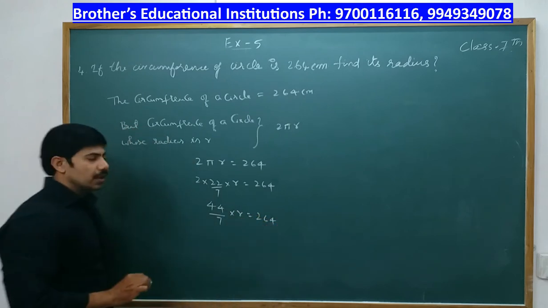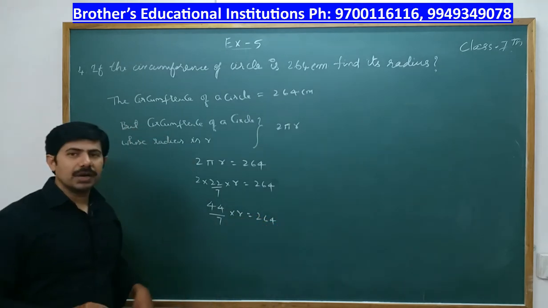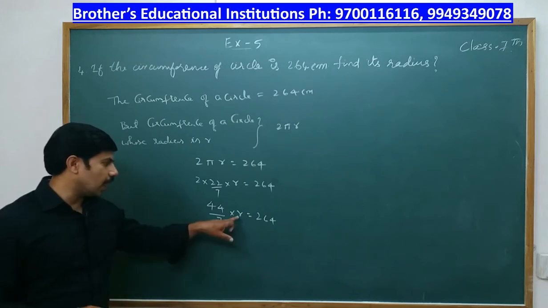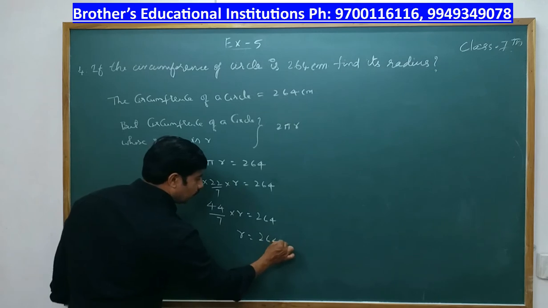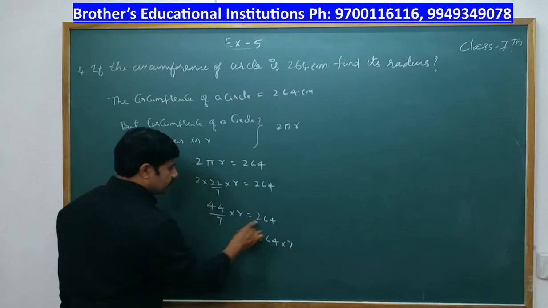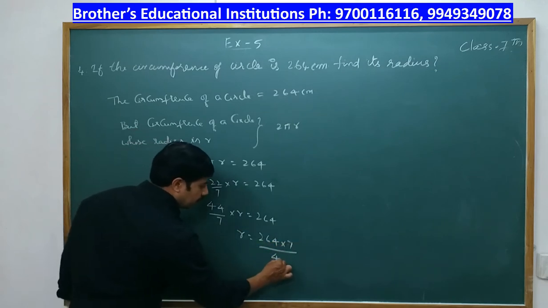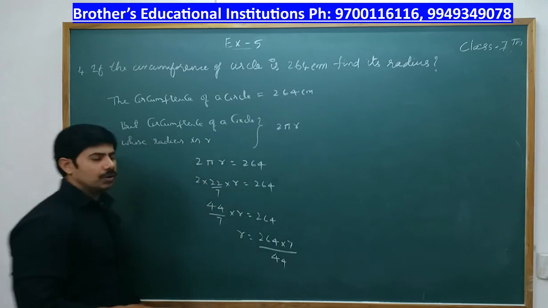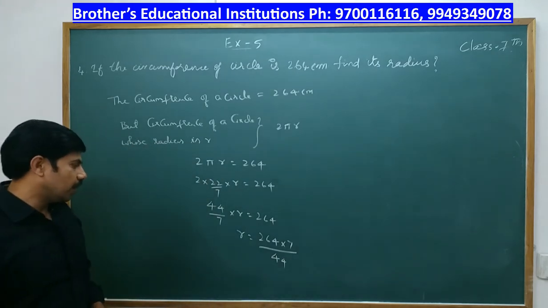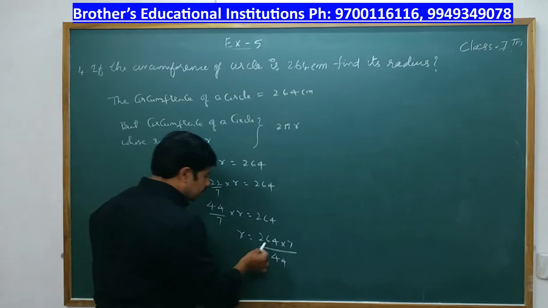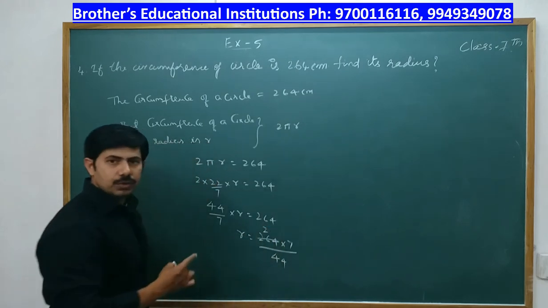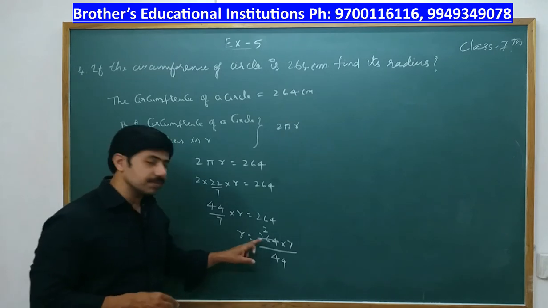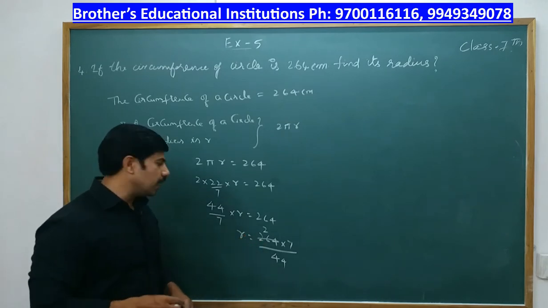Now I'll just cross multiply. Cross multiply means r will be there only. r is equal to 264 into 7 by 44. So we can eliminate this using the 11 table: 11 2s are 22. So the remainder is 4.